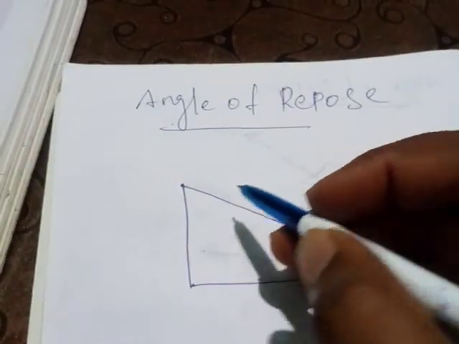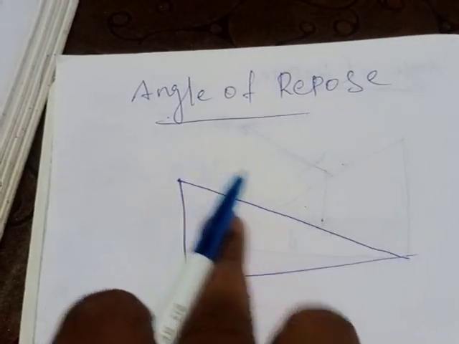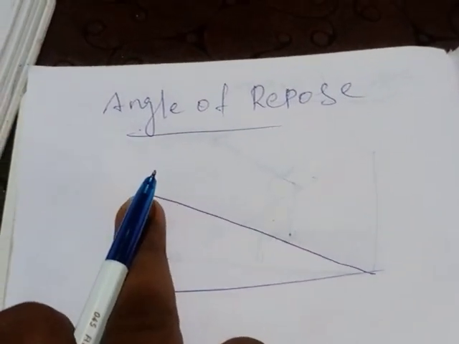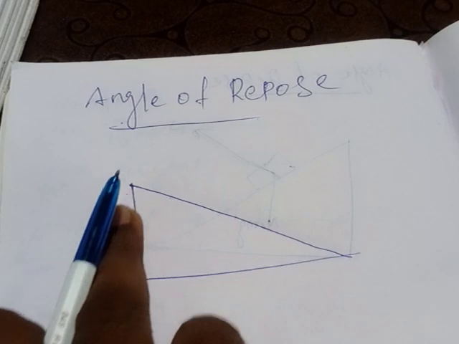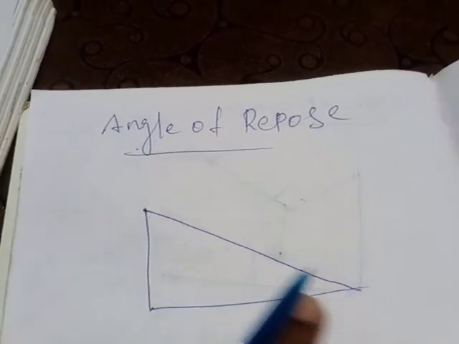Consider an inclined plane that is kept like this. This is an inclined plane.